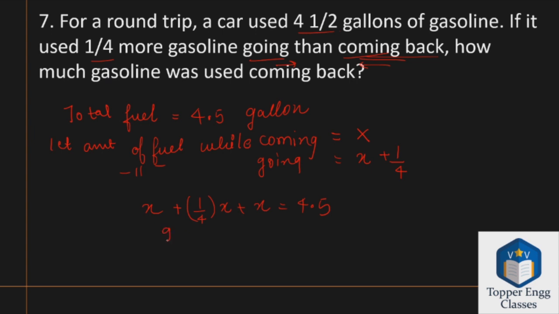So it will become 9 by 4 if you calculate it properly, and this is 4.5. After calculating this, our x will be 2. That is our answer. So he'll require 2 gallons more.